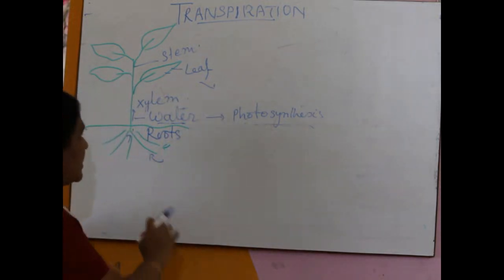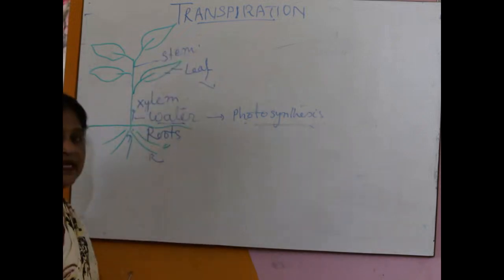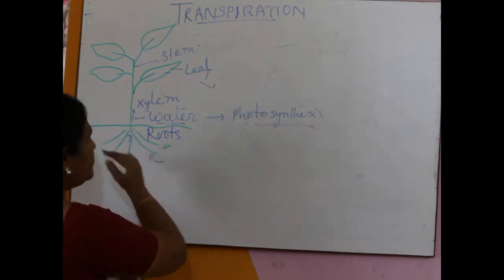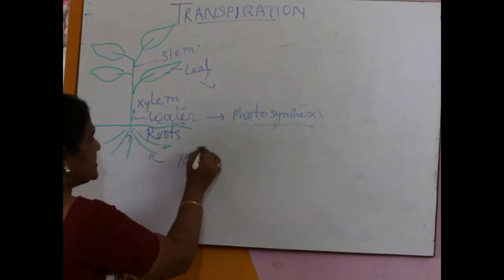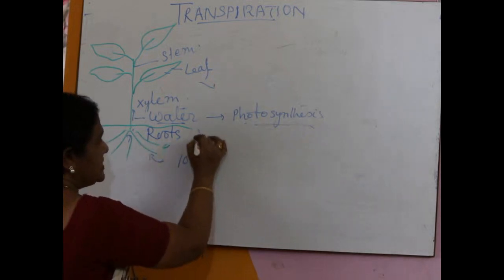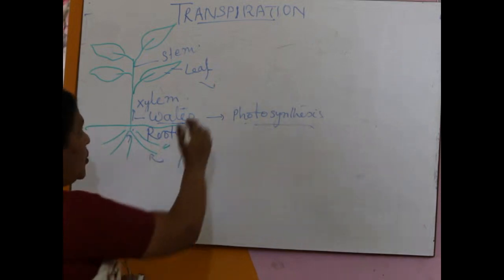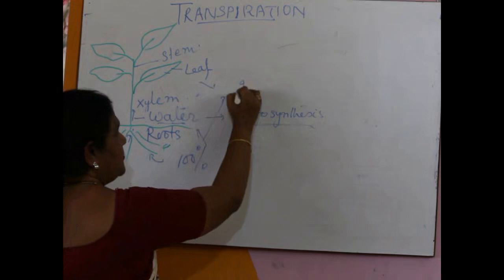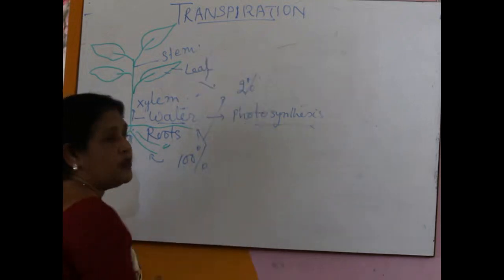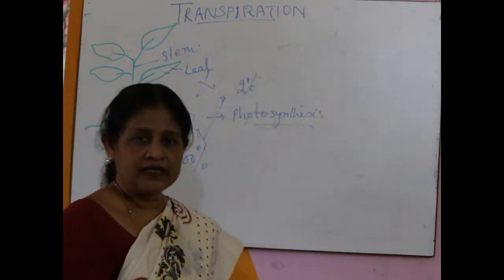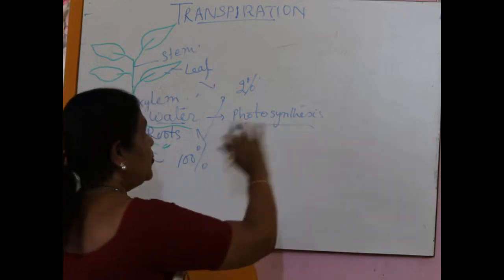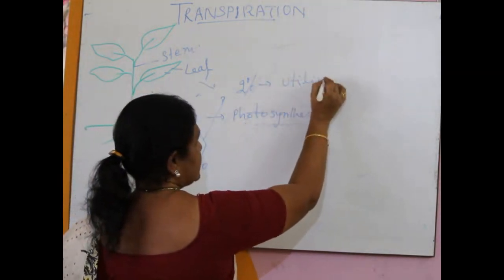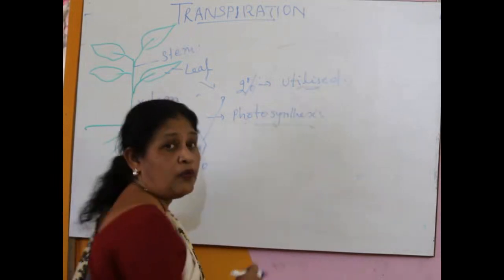But in this phenomenon, that is transpiration, what happens? Of the amount of water, say 100%, that is absorbed, only 2% of the water absorbed by the plants is utilized. For what purpose?